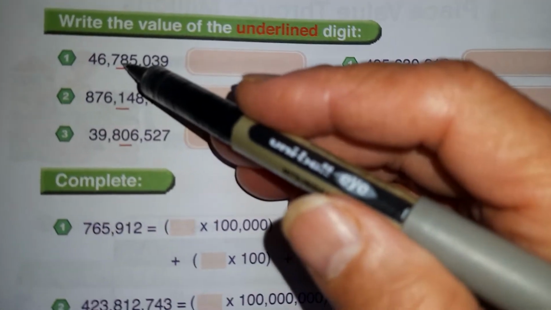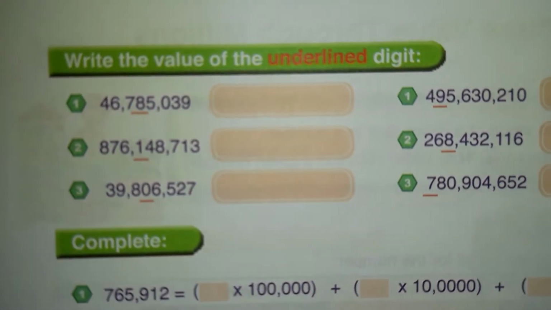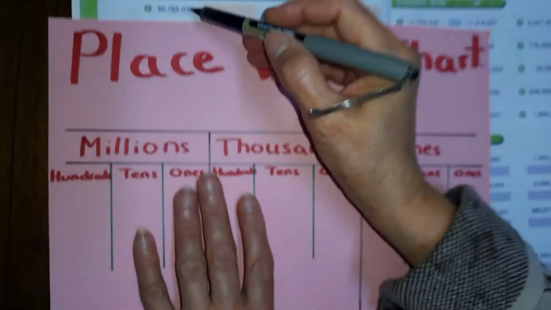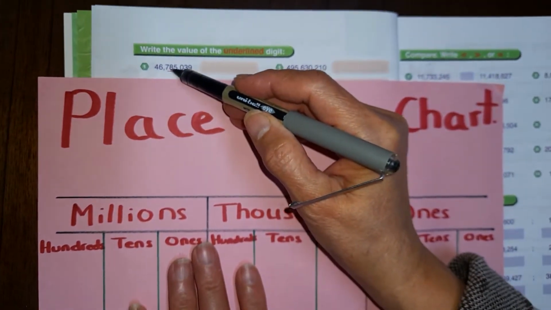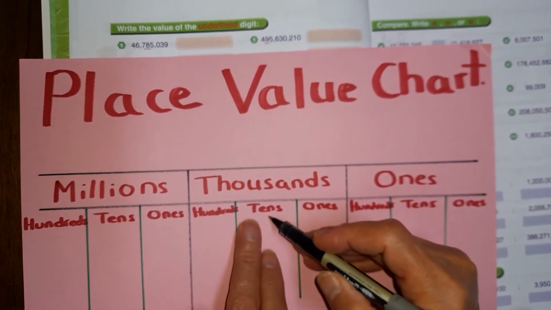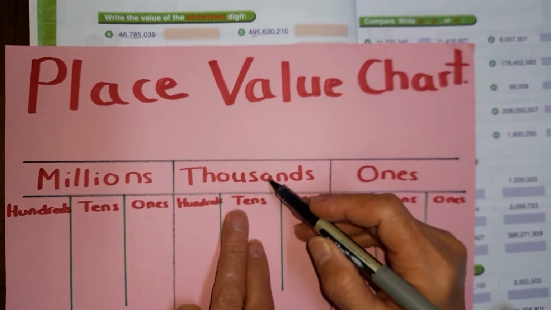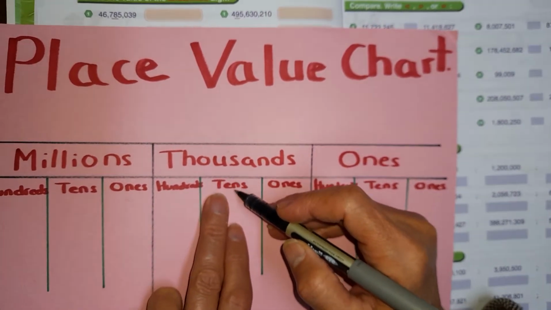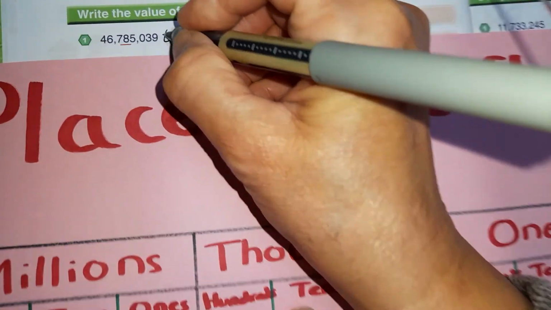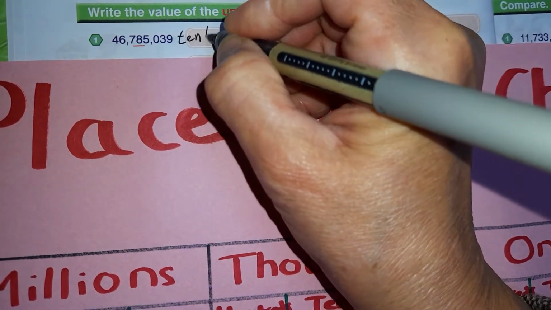Where is the 8? Here is the place value chart. Okay, it is 1, 2, 3, 4, 5. It is in the 10,000. So you will write here 10,000.